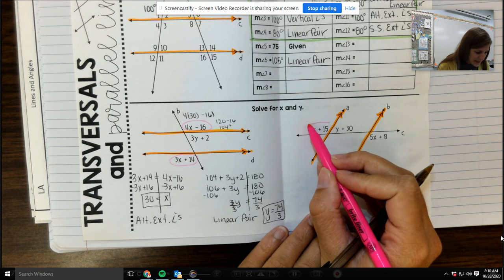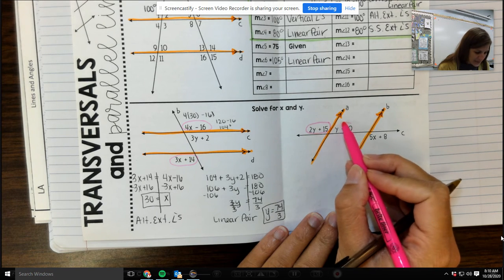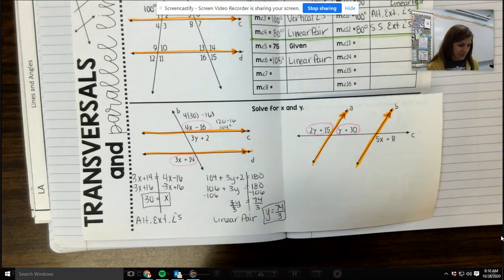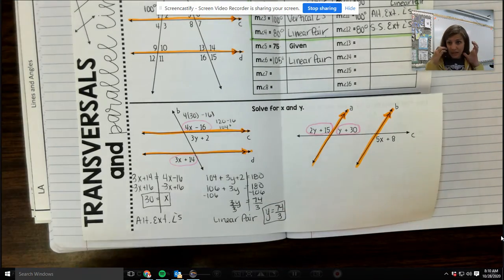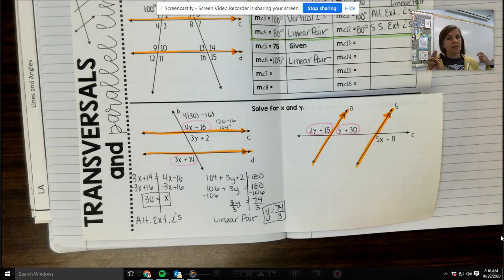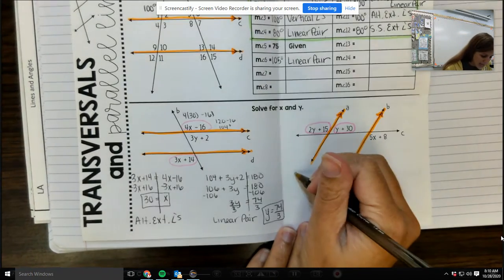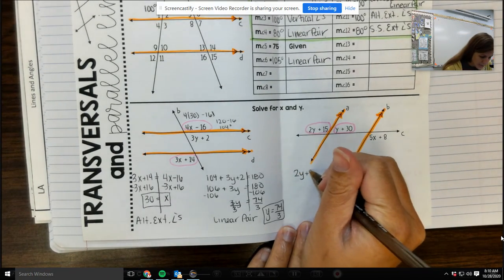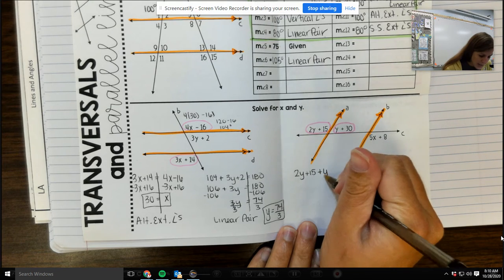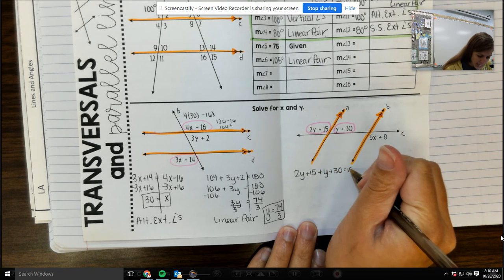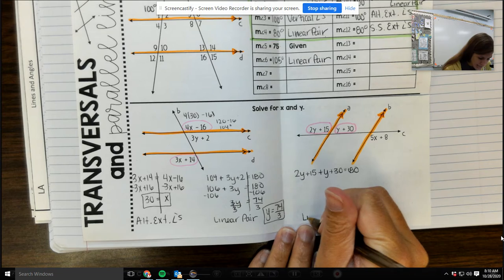So I'm going to want to make a relationship between the y's, and those two right there happen to be a linear pair because they're adjacent and making up a straight line. So I can do 2y plus 15 plus y plus 30 equals 180 because they are a linear pair.